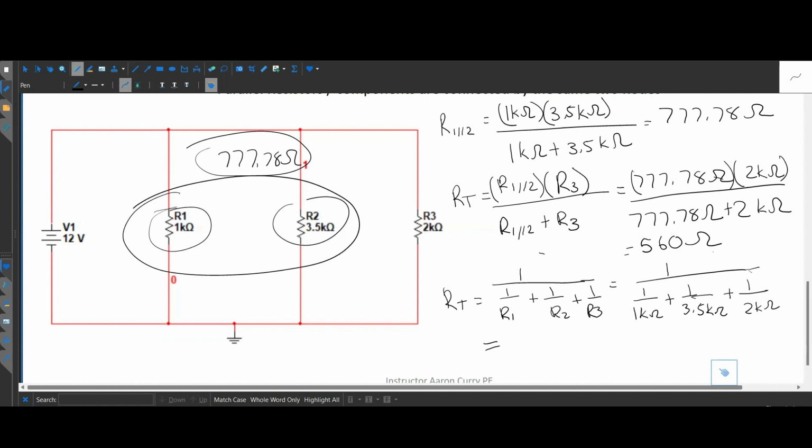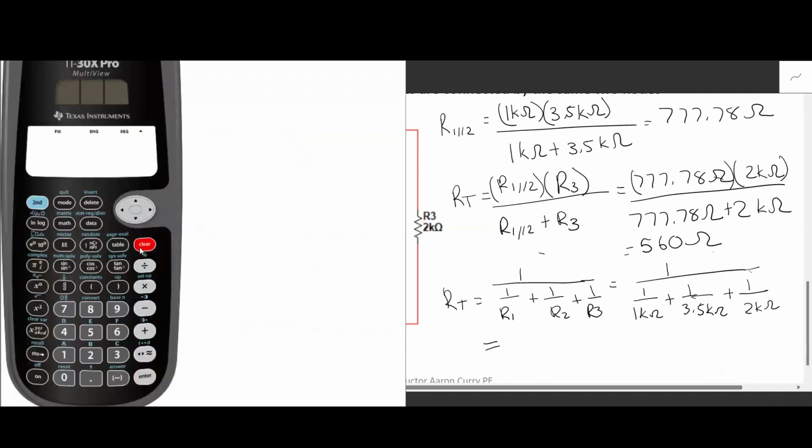When we plug it into the calculator, we get 1 over 1 kilo ohm plus 1 over 3.5 kilo ohms plus 1 over 2 kilo ohms. We get the same thing as expected: 560 ohms is what we get.